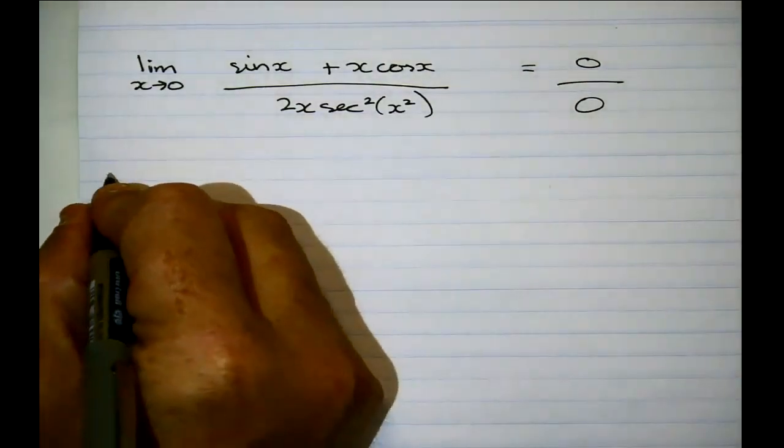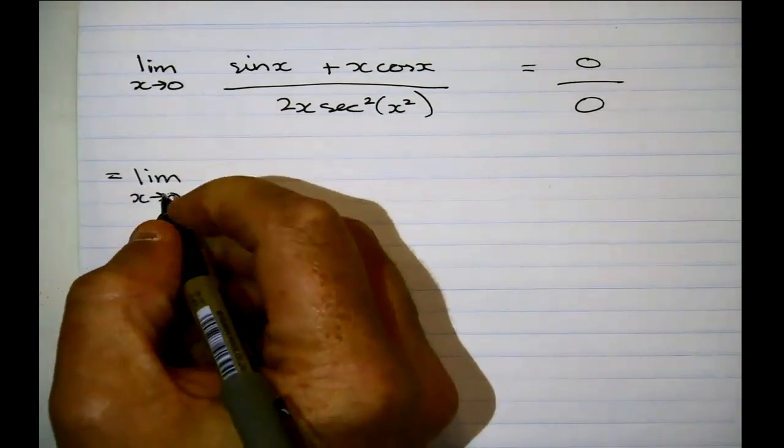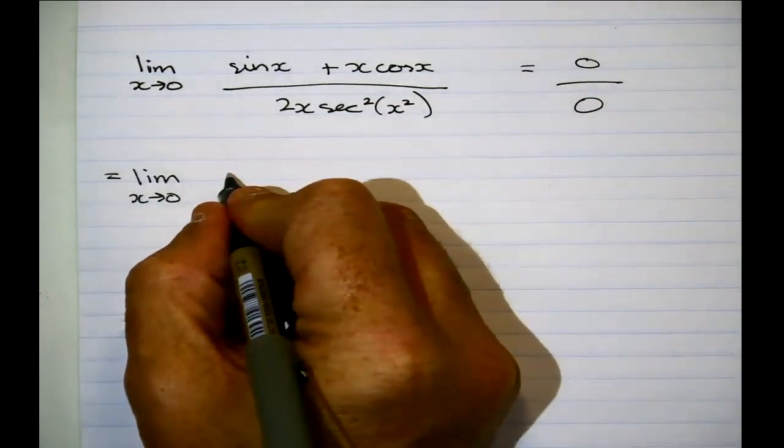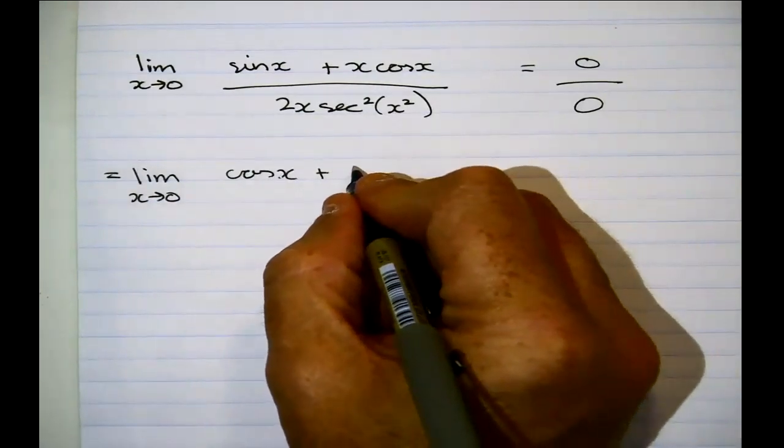So if I applied L'Hopital's rule again, and again, please don't do it as quickly as me. So the derivative of the top, let me just do it, then explain what I'm doing.